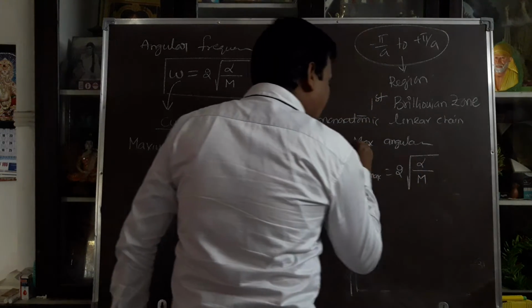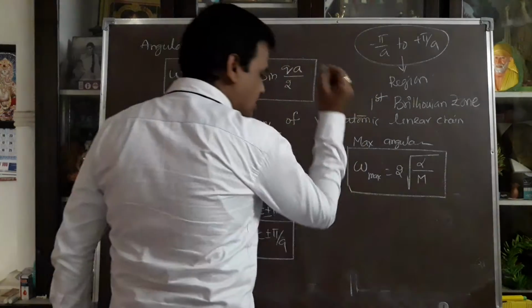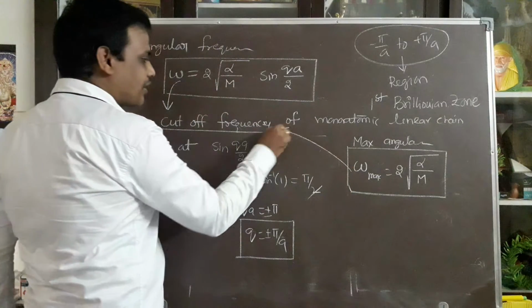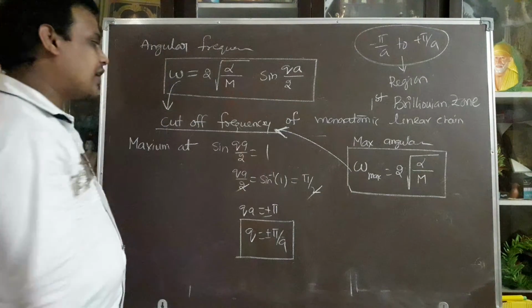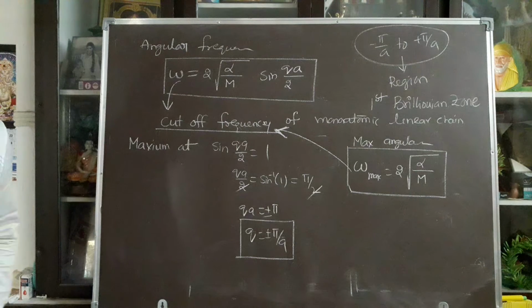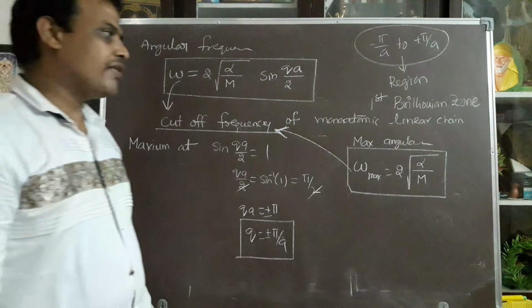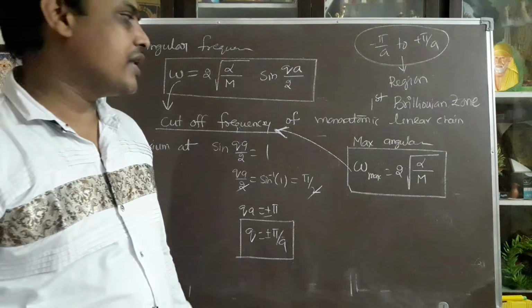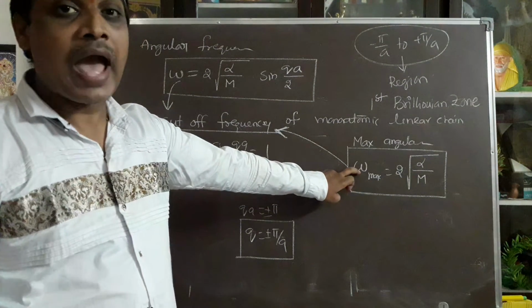This is the maximum angular frequency. This maximum angular frequency is called the cutoff frequency of the monoatomic linear chain. This is omega, nothing but angular frequency.